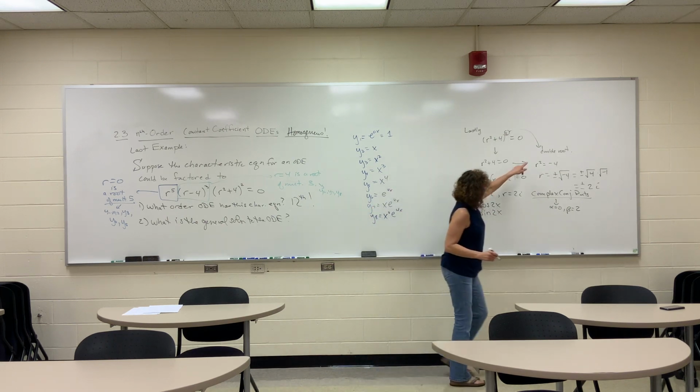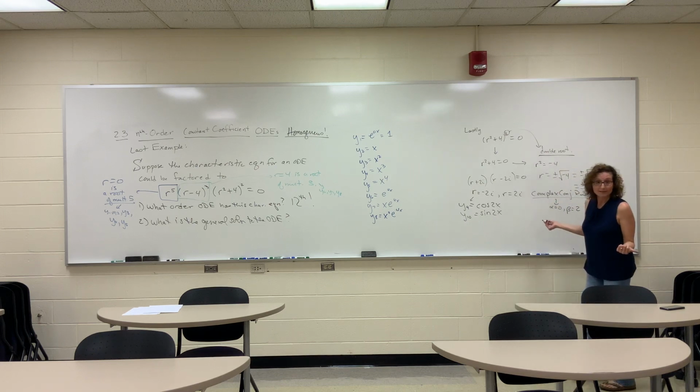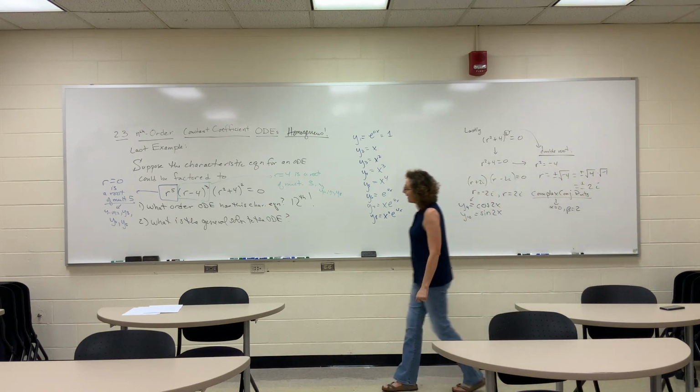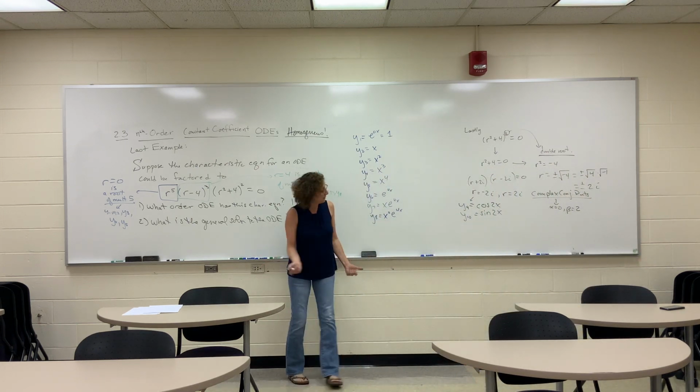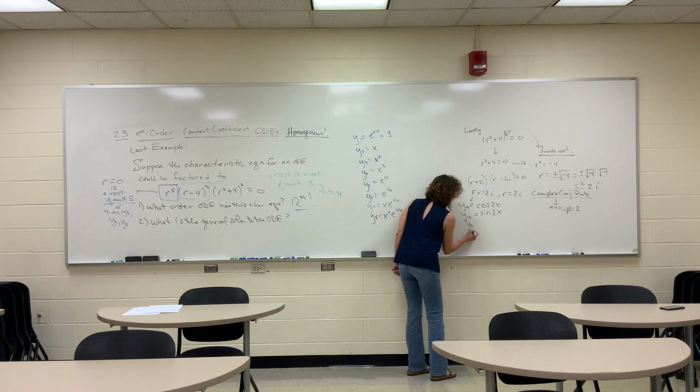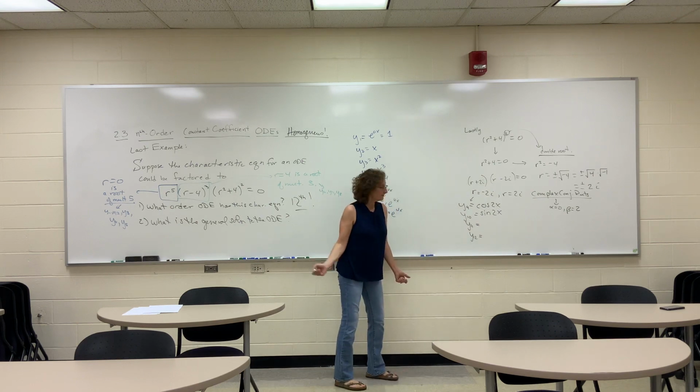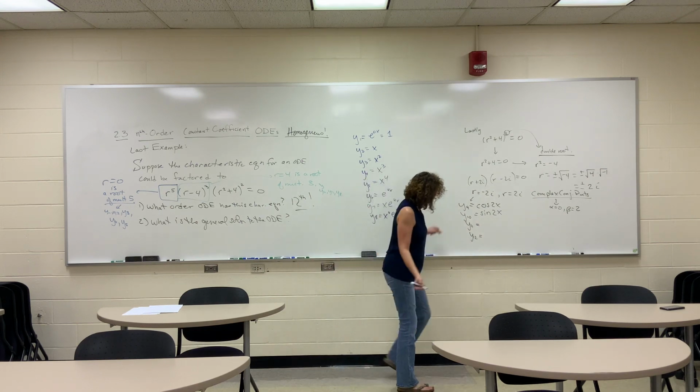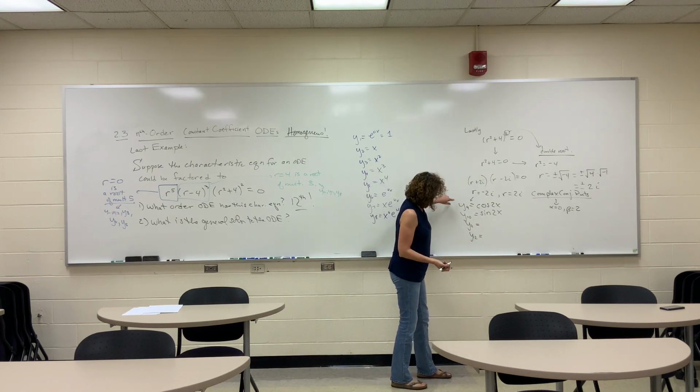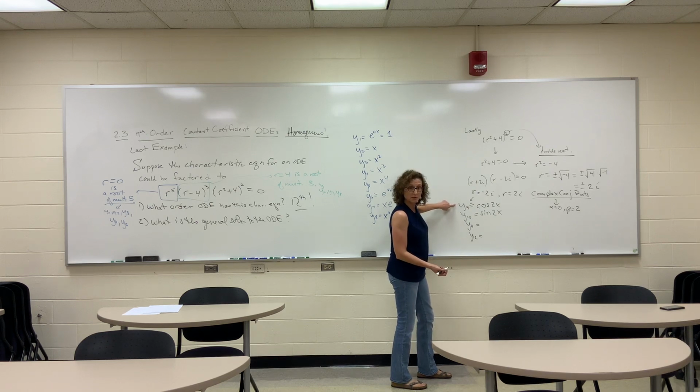But this is a double root, right? So what are our last 2 solutions that we need? Y11 and Y12. Yep, I heard it. Repeated roots, so we need a second solution associated with y9.